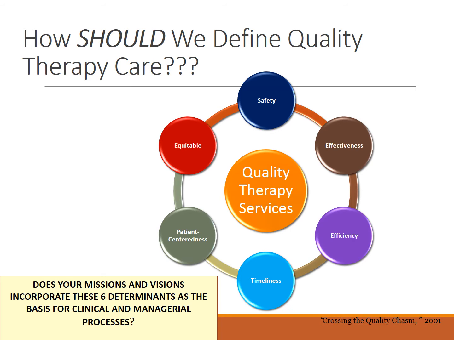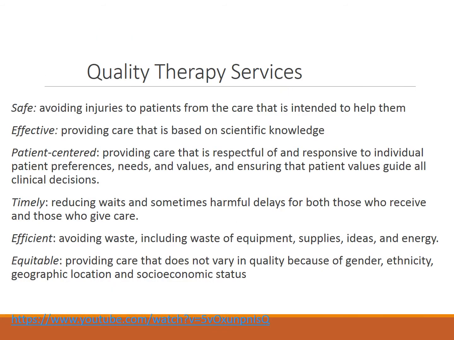When you build your business, it's important to address these areas to assure a balanced approach to the best services for our patients. And these are the areas that I've just spoken about. And we have a YouTube out there that you can review as well. And I've incorporated that at the end of the presentation.